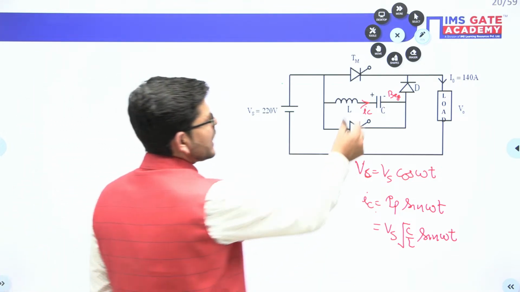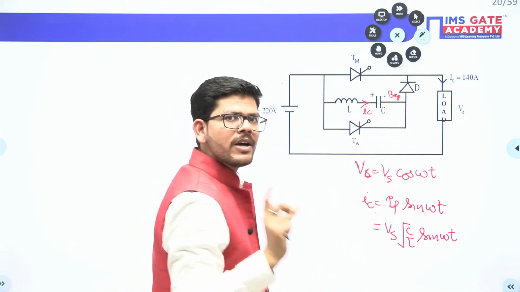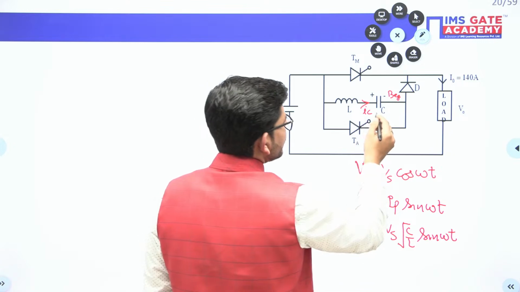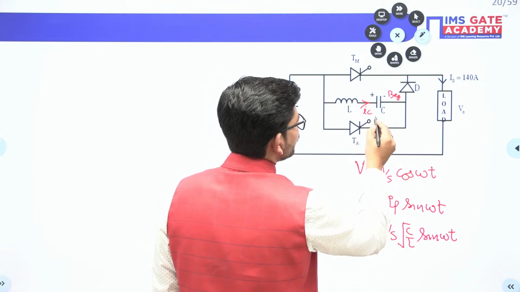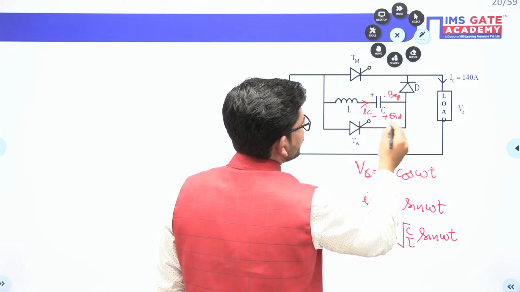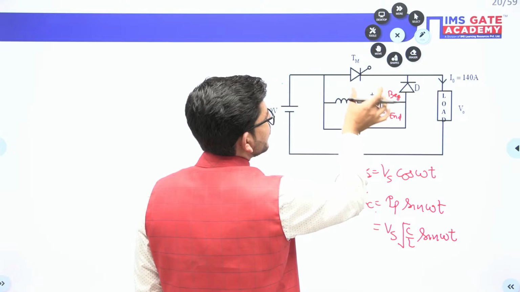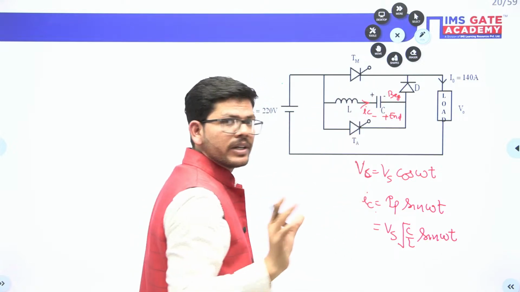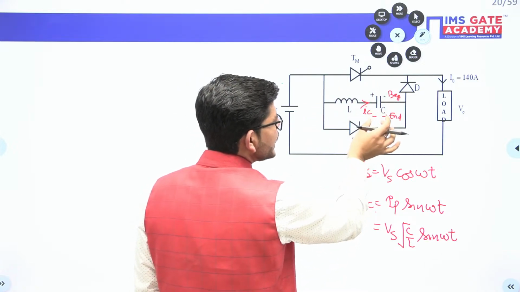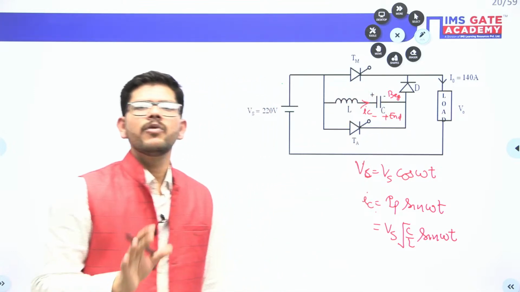Now when the capacitor is having this polarity initially, the diode will normally be off, isn't it? But it is following the cos curve, so when it changes its polarity, what will happen? Initially the capacitor voltage appears as a forward bias to this thyristor. When it changes its polarity, that voltage will act as a reverse bias for this thyristor.